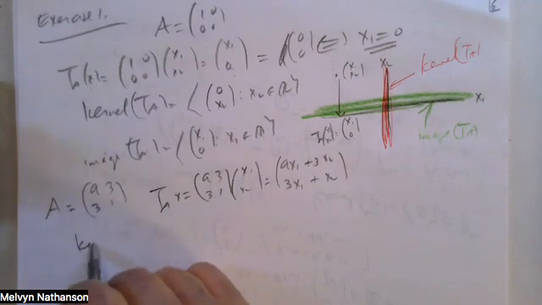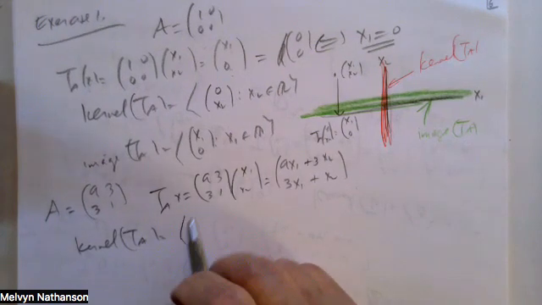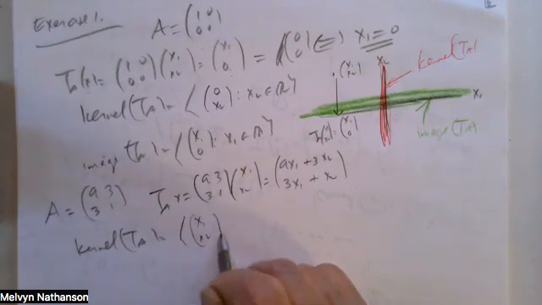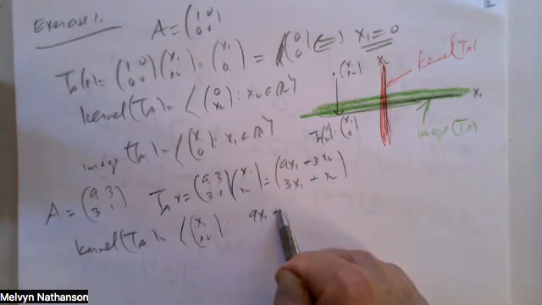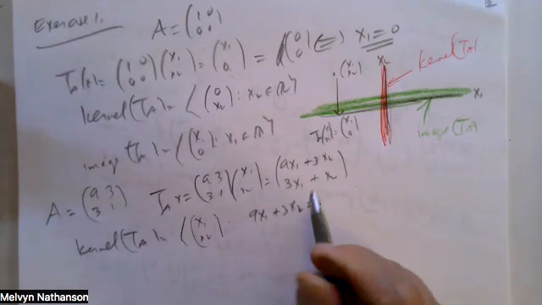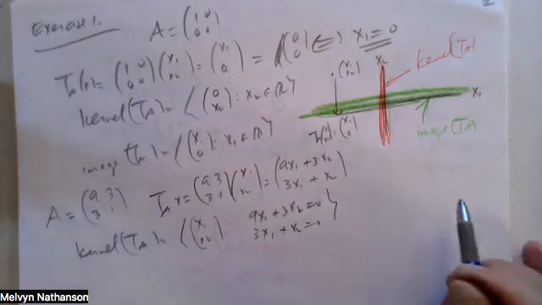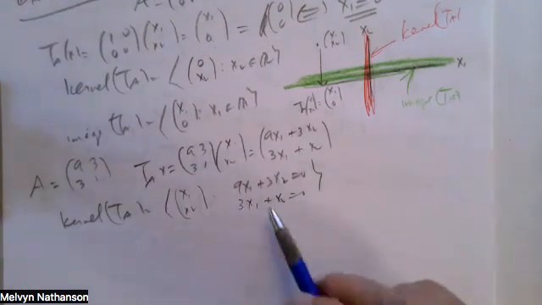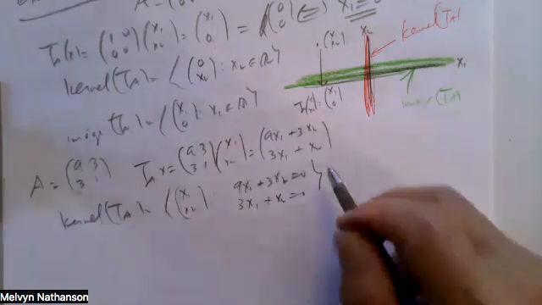So what is the kernel of this map? The kernel is all vectors x1, x2 where this is 0. So we have to find all solutions of these two equations. Now, the first equation is really just 3 times the second equation.